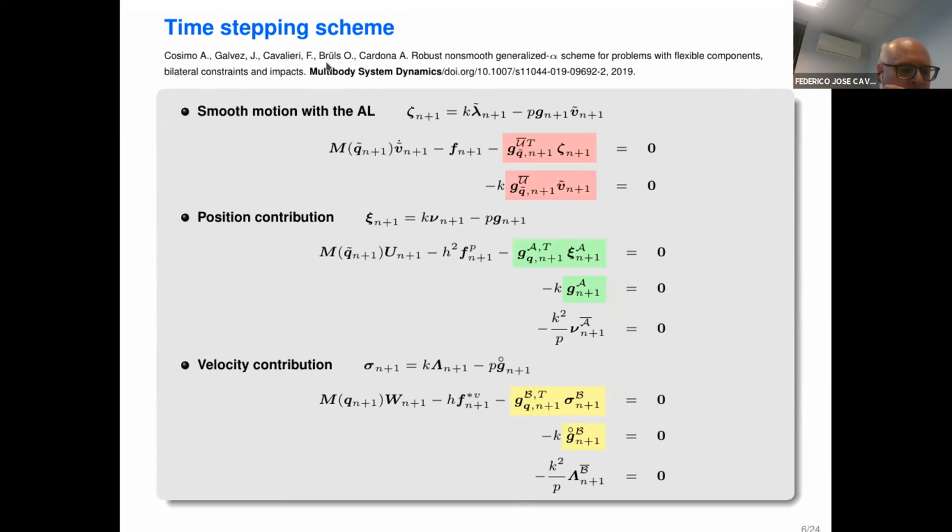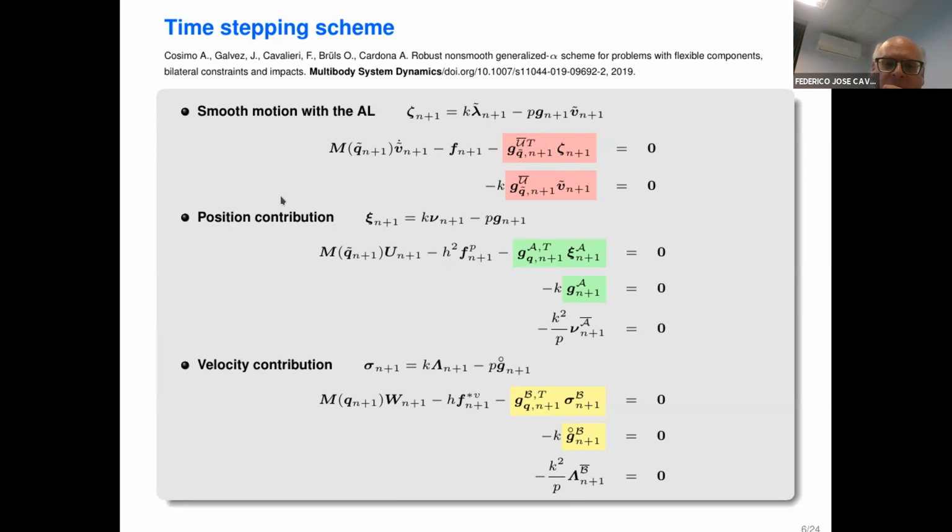The idea is to isolate the impact contribution from the smooth contributions. So the impacts are integrated with first order accuracy, and the smooth contribution can be integrated with a higher order scheme, for example, the generalized alpha scheme.